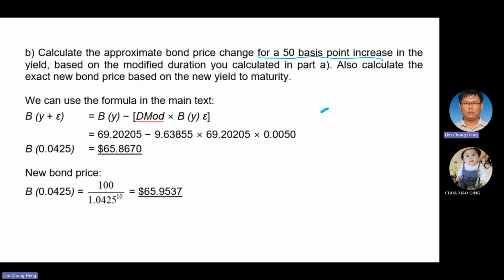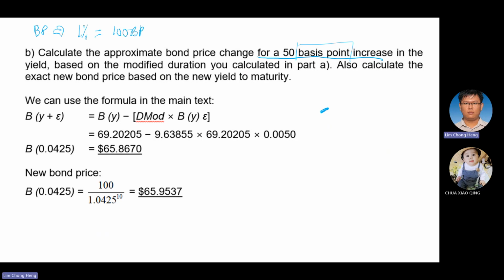So what does basis point mean? In finance, if we talk about basis points, we directly refer to a change in interest rate. So 1% is equal to 100 basis points.